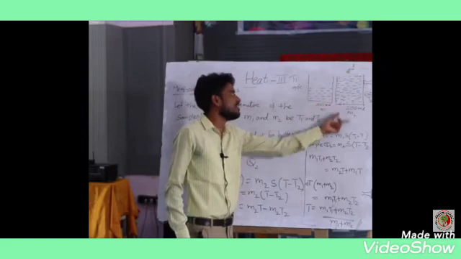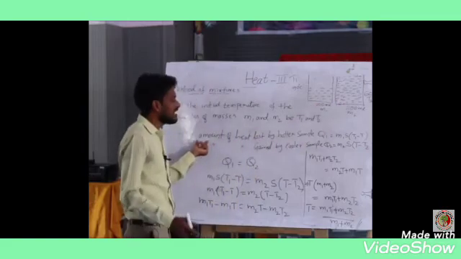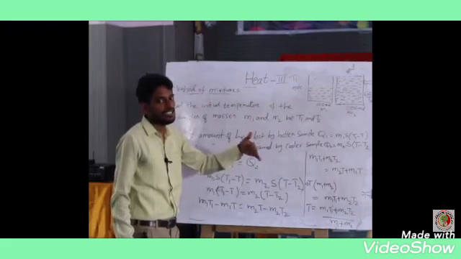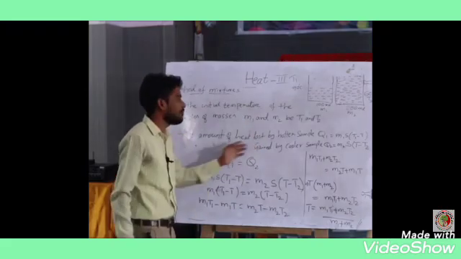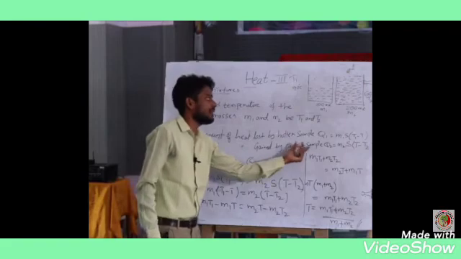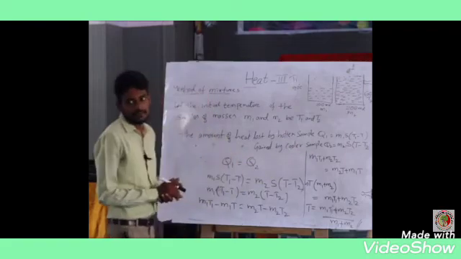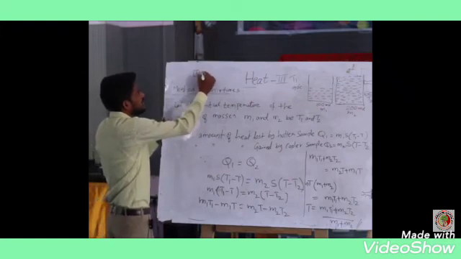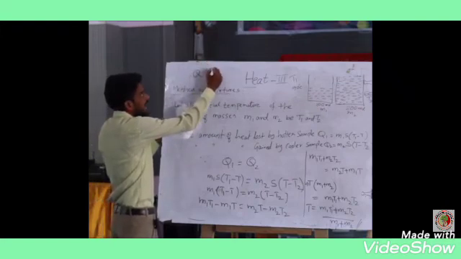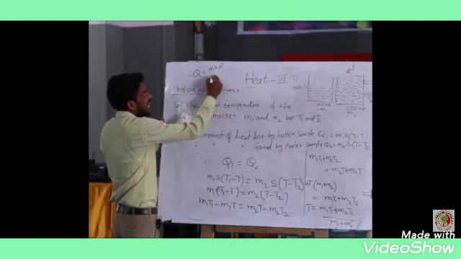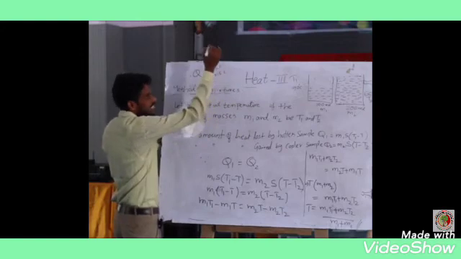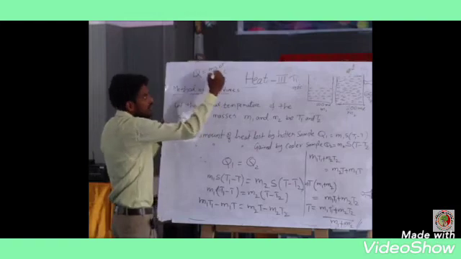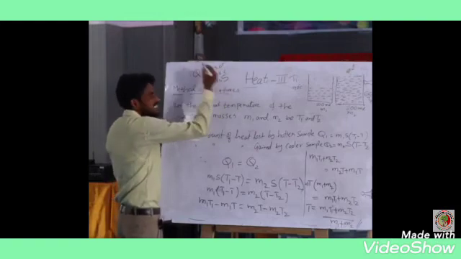After mixing in a large beaker, definitely the hotter sample should lose heat energy to the colder sample. How much heat? You know that heat is always in the form of M S delta T. Here, first beaker mass M1, specific heat of water S, common.